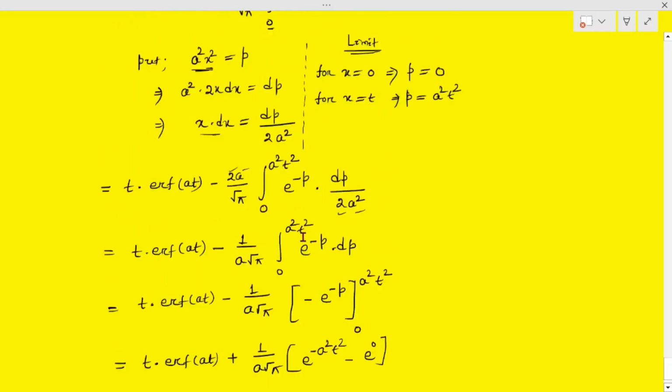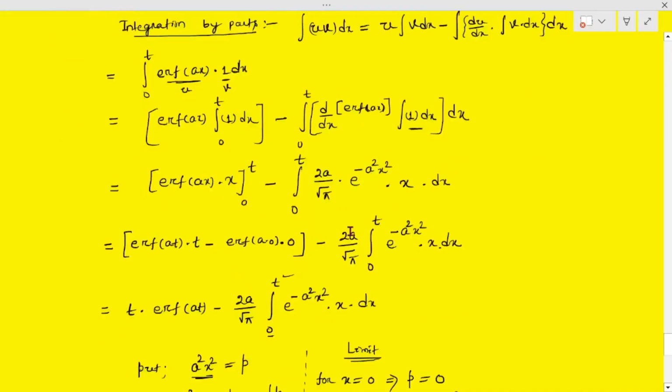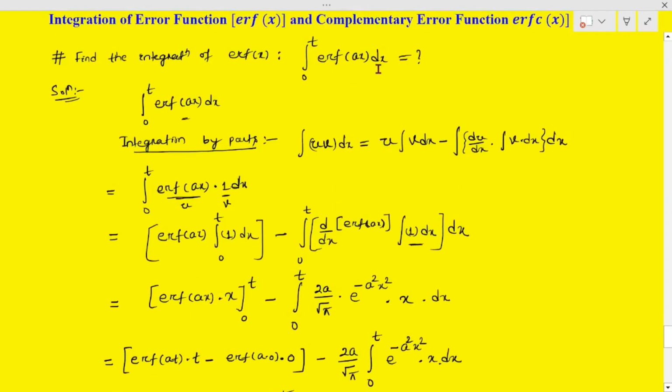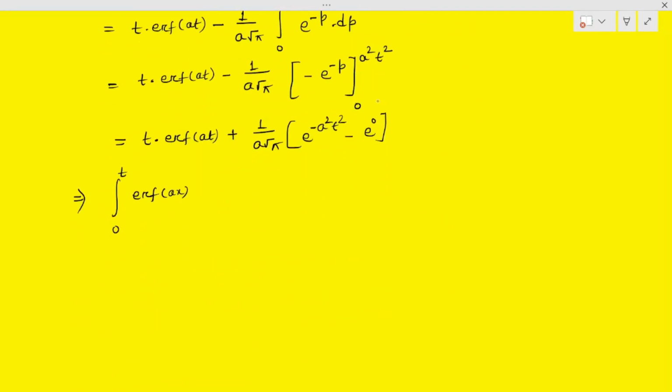So finally we get the answer of integration from 0 to t of error function of ax dx equal to t into error function of at plus 1 by a root pi, whole into e to the power minus a square t square.